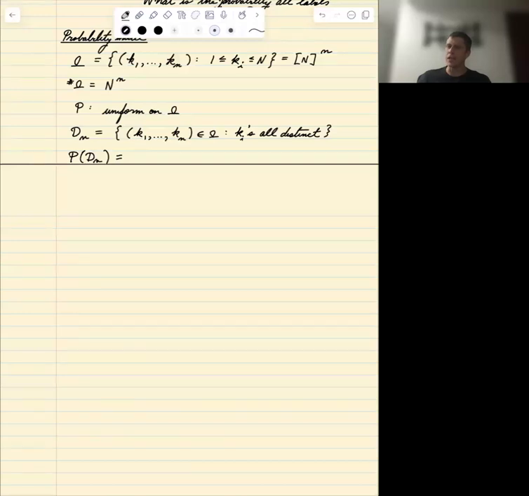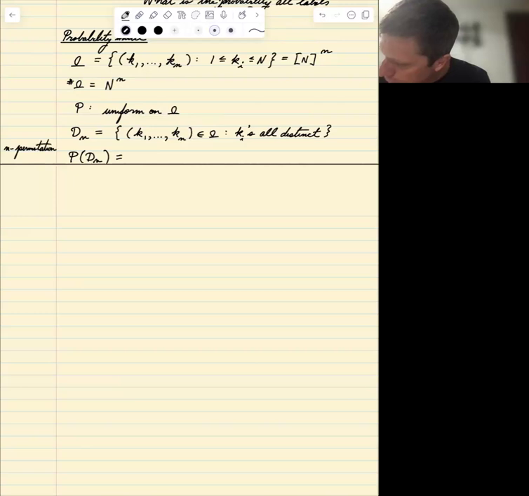That's a little n permutation of capital N, because I'm not allowing duplicates. I can assign the first person any of the capital N birthdays, but then the second person has to be one of the remaining N minus 1 birthdays, and so on.